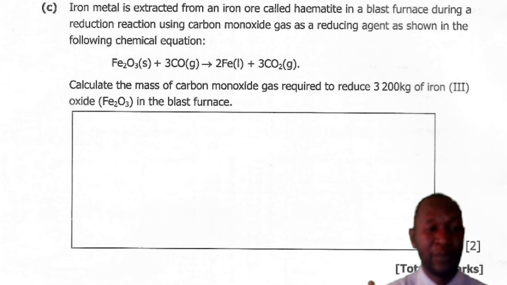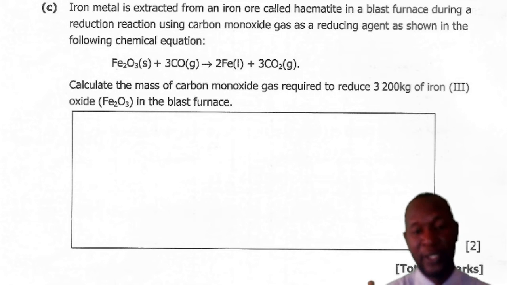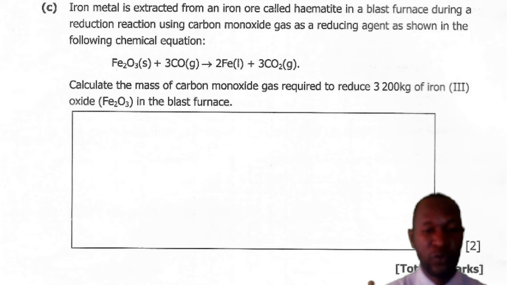Part C, iron metal is extracted from an iron ore called hematite in a blast furnace during a reduction reaction using carbon monoxide gas as a reducing agent, as shown in the following equation below. Calculate the mass of carbon monoxide gas required to reduce 3,200 kilograms of iron(III) oxide in the blast furnace.